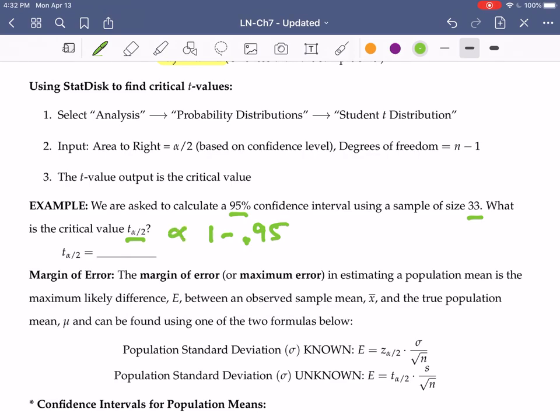So the value of alpha is 1 minus 0.95, so 0.05 is alpha. But we're not just looking at alpha, we want alpha over 2, which is 0.05 over 2.